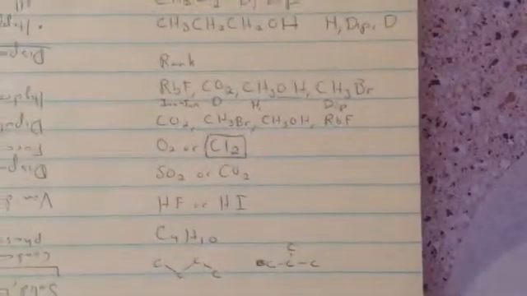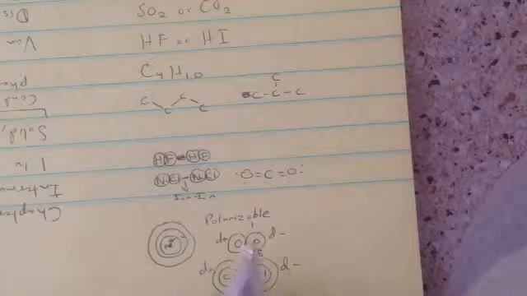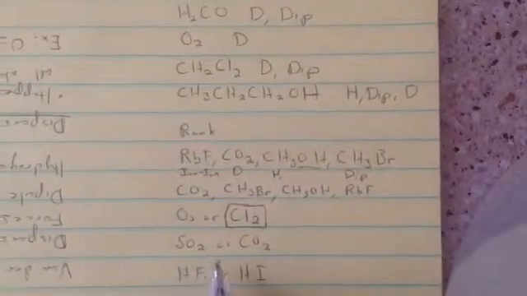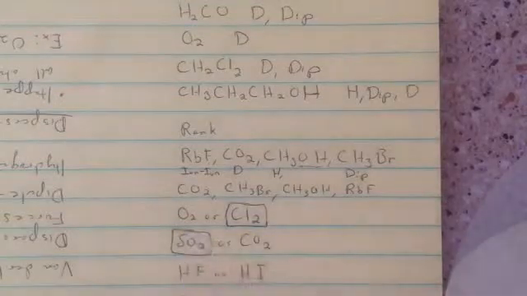So the bigger the molecule, the more likely it's going to shift around. The more likely it's going to shift around, the bigger the charges. The bigger the charges, the stronger it is. And so therefore this one is SO2.